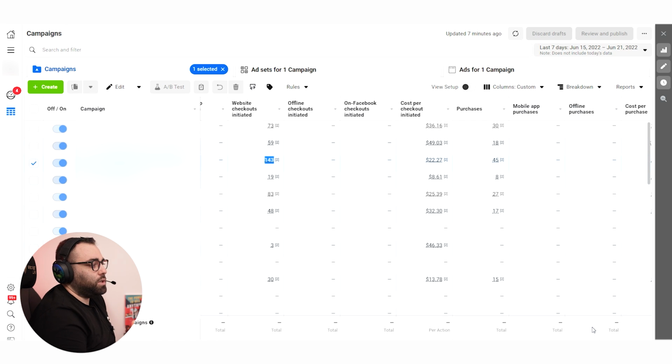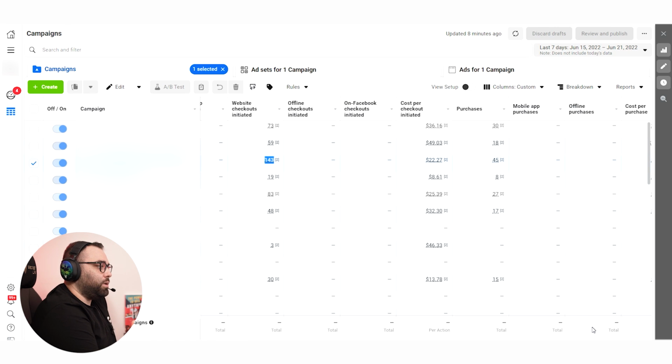A very good ratio that we would like to see over here is 50%, for example. If we had 140 checkouts, 70 sales. And of course, if the ratio is even higher, it's even better. But when we see something like 30%, how much is it? 140 divided by 45, it's 31%.